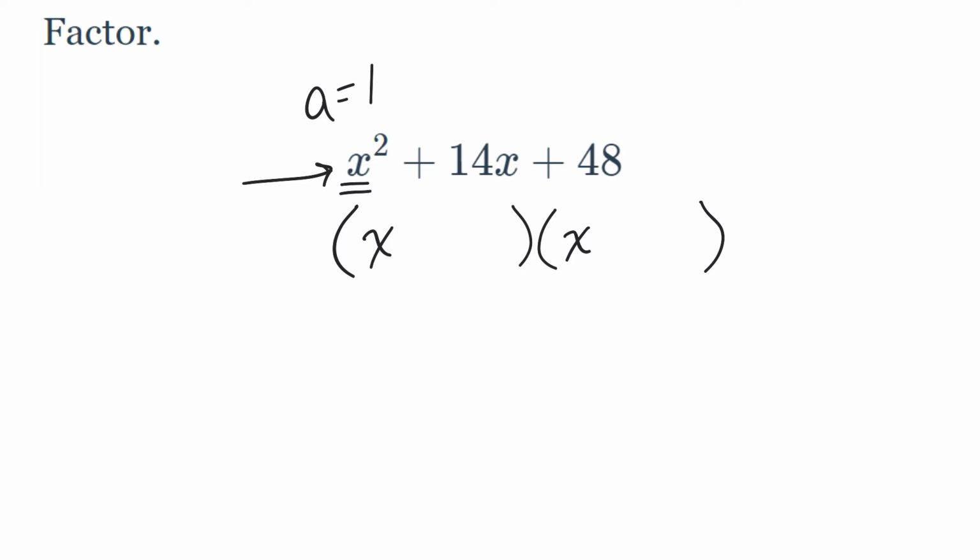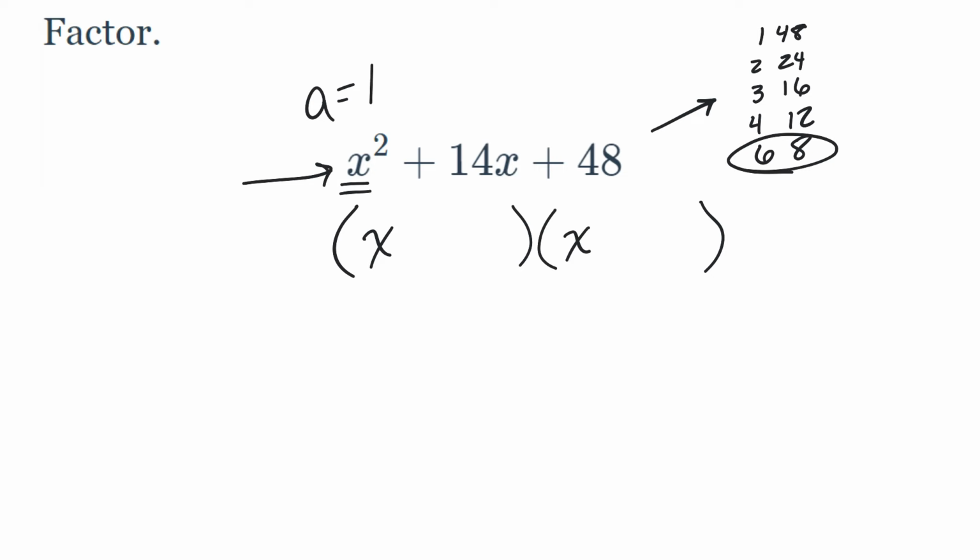And we also need to split up this 48. We need the factors of 48 that can become 14. And again, if you need to write these out, you write these out. 2 times 24, 3 times 16 still. We just did this one. 4 times 12. 6 times 8.